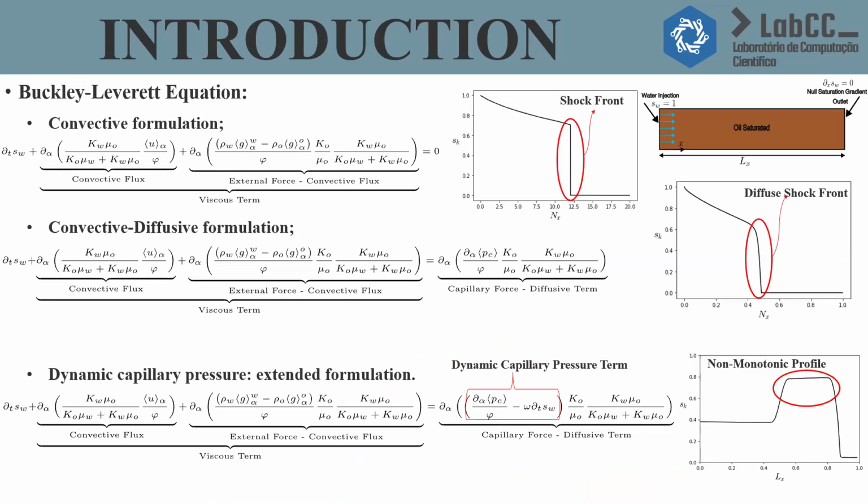The Buckley-Leverett equation is characterized by three different main formulations. To explain a little bit about them, I will use a benchmark case that is represented by a linear reservoir where we have a porous media saturated with oil, and we will inject water by its side.